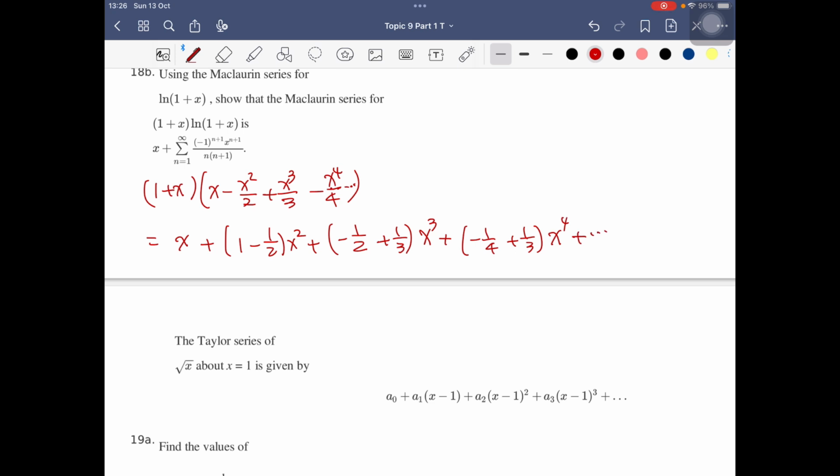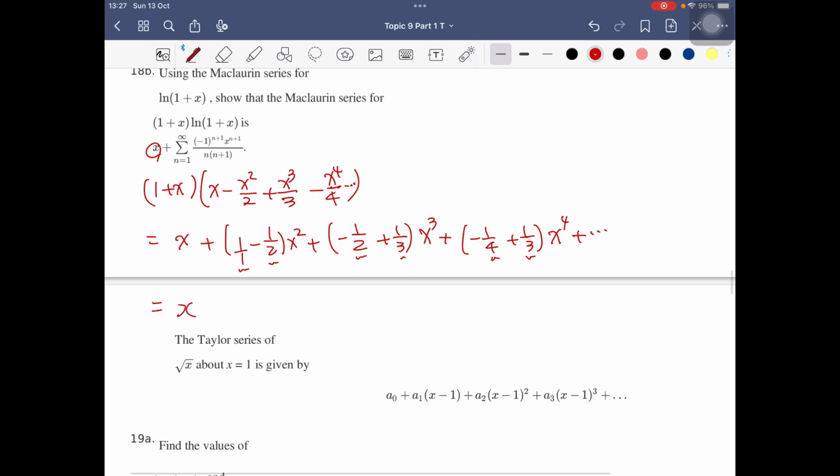In this case, when we need to express it with sigma notation, we'd better try to make the same pattern. So now we exclude x here. If we consider 1 over 1, then 1 over 1 minus 1 over 2. Here the denominators go smaller, larger, so let me put them in the same way.